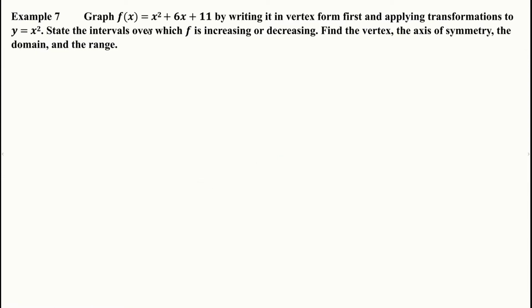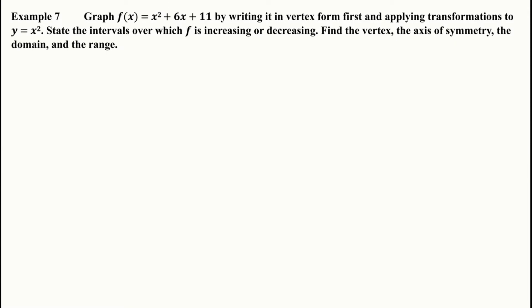Okay, so here we have a quadratic function which is given in standard form, and we want to graph it by first writing it in vertex form and then naming the transformations needed to the graph of y equals x squared to obtain the graph of this function.